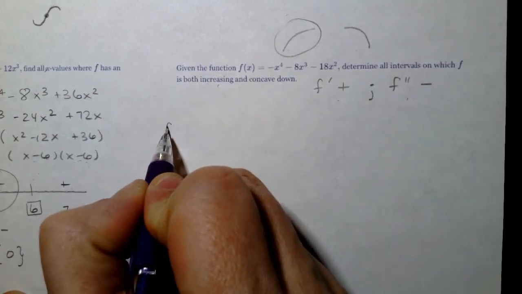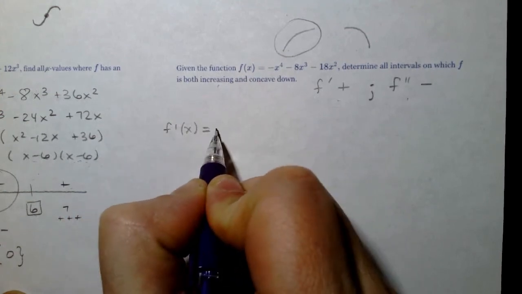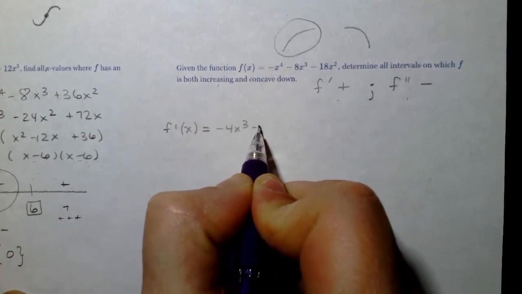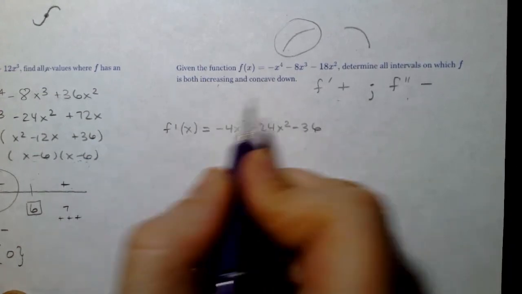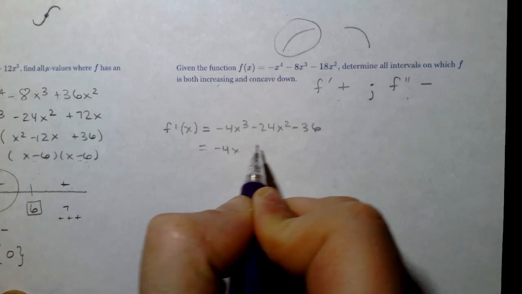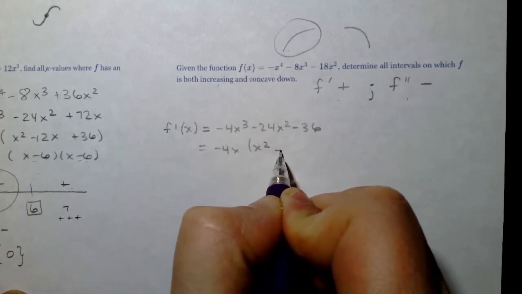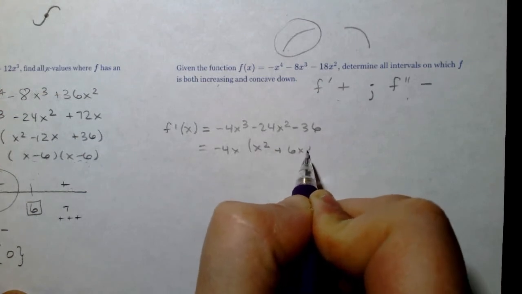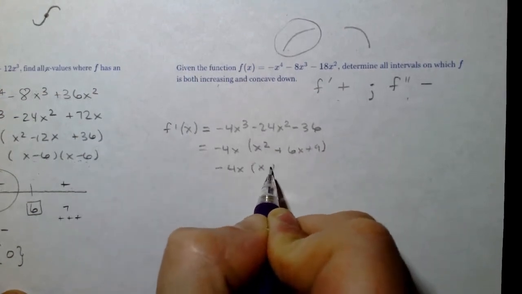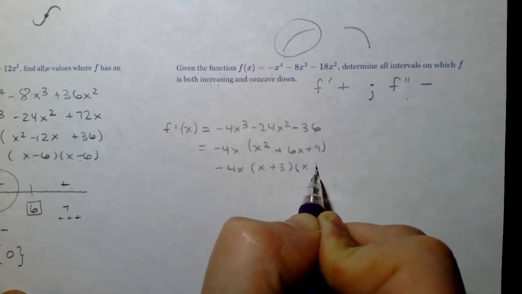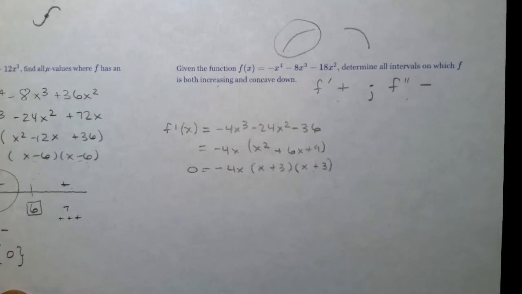So if I start with f prime, I'm going to take my derivative, -4x to the 3rd. Notice again I have this existence of my double root.